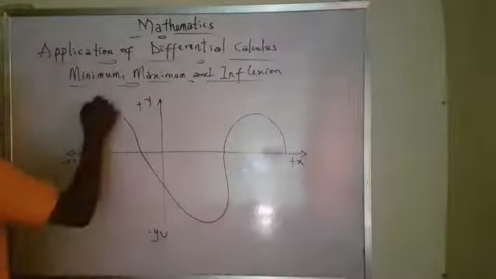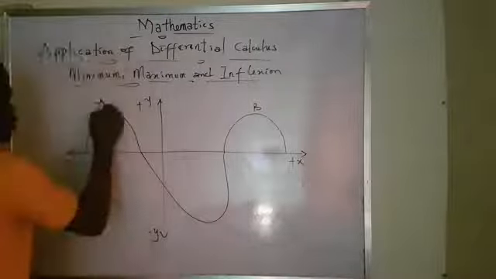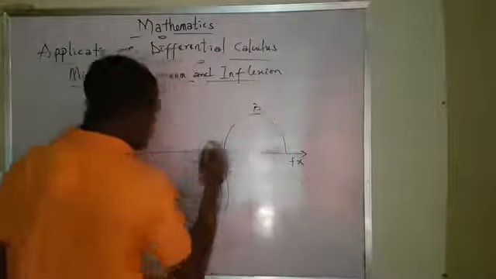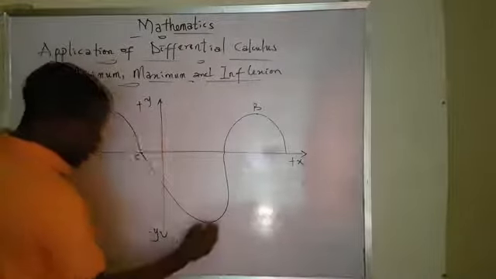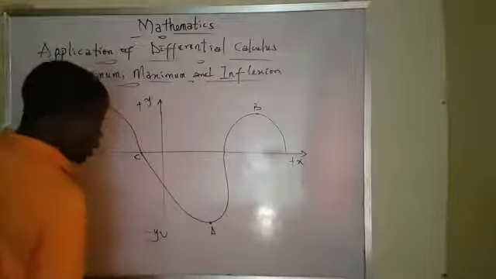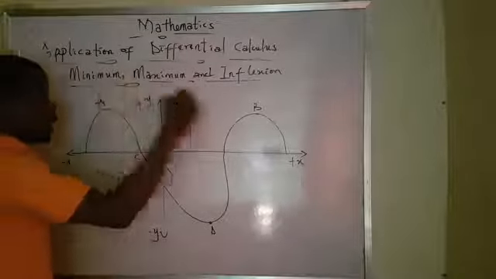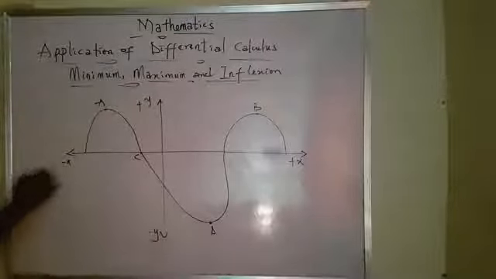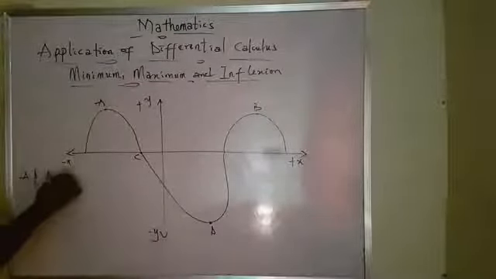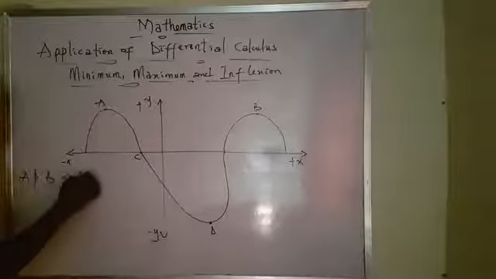I will name this A, I will name this B. These are points, point A, point B. I will name this point C, while I name this D. A and B implies what? The maximum points.